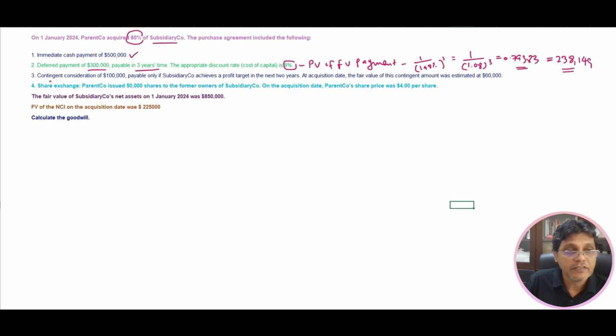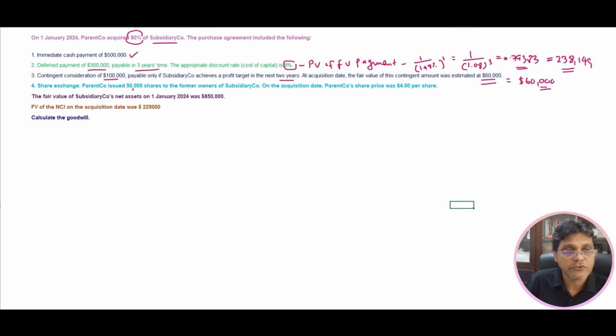Then the third one, contingent consideration of $100,000 payable only if subsidiary company achieves a profit target in the next 2 years. At acquisition date, the fair value of this contingent amount was estimated at $60,000. So this is also very straightforward. Since the fair value is given, 60,000 can be considered when calculating the total investment cost. Then finally the share exchange.